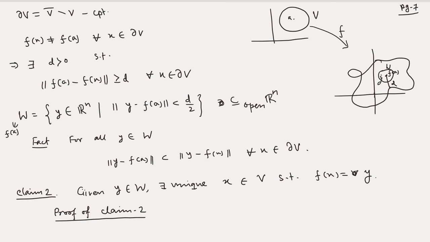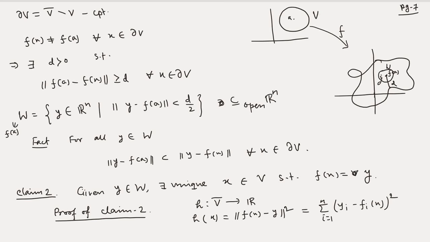To prove this claim, we define the function H from V closure to R by H(x) equal to the norm of f(x) minus y, squared, and we can write this as the summation of (y_i minus f_i(x)) squared, the summation over i equal to 1 to n.